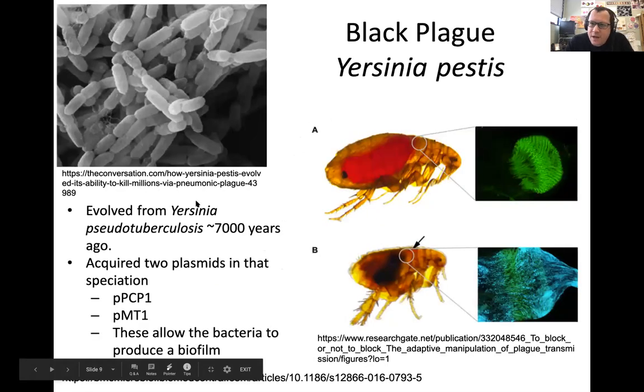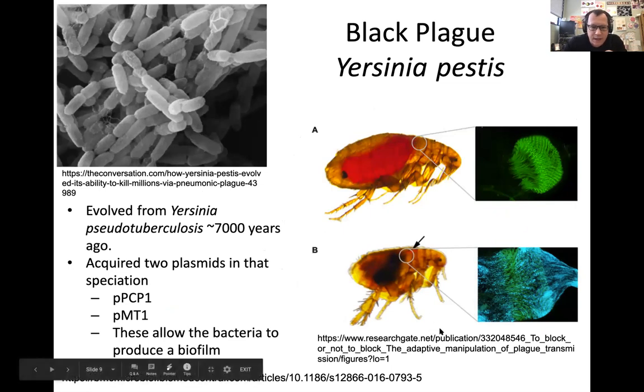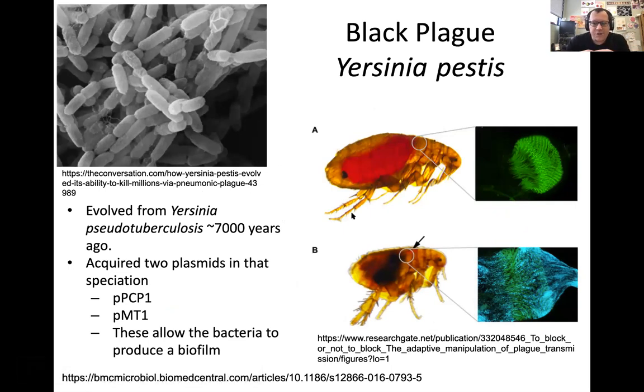One of the fun things about plasmids is, I don't mean to trivialize this, but plasmids have served a lot of functions. The functions that we're using them for in the lab are sort of basic and mundane, but, like, Yersinia pestis, which causes the Black Plague, actually causes the plague because of a plasmid, or actually two plasmids, that it had picked up during evolution.